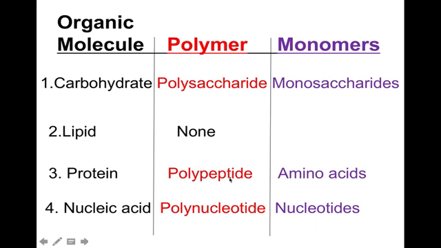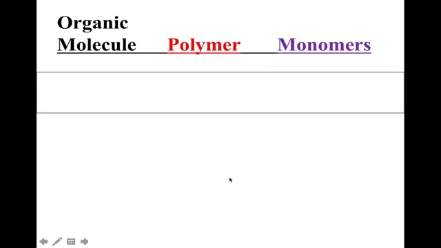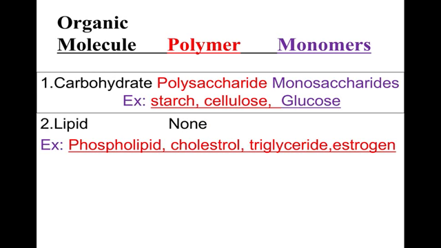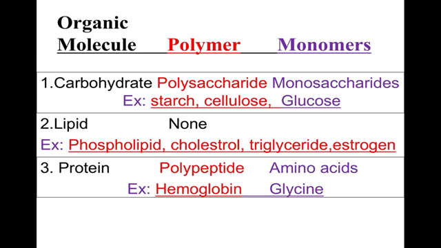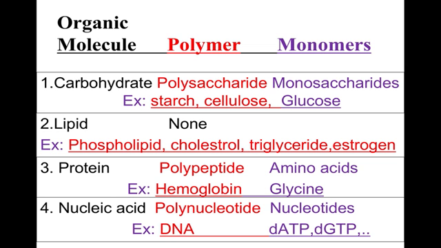Similarly, you can learn for protein and nucleic acid. For each category, you have to know the examples as well. So pause for a little time and make notes of this slide, and this is good study material for your test. The test questions could be something like this.